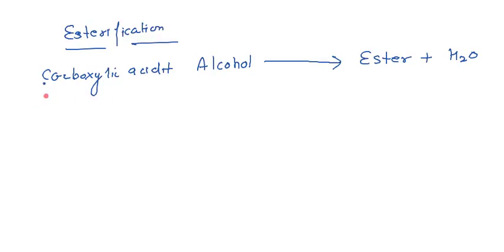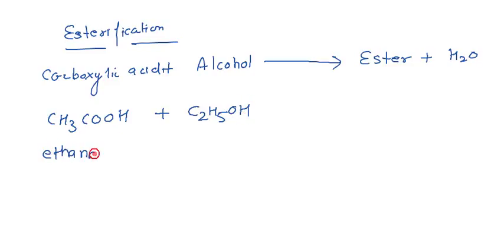For example, you have CH3COOH, ethanoic acid, and you are reacting it with C2H5OH, ethanol.